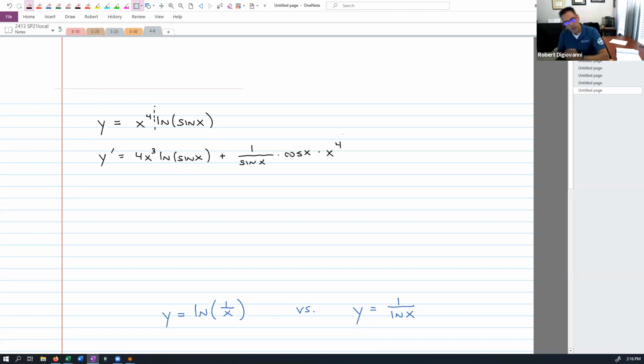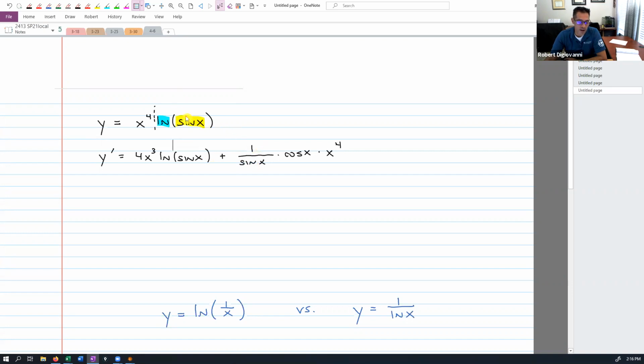Perfect. Okay, so let's see what happened here. Product rule, take the derivative of the first one here, 4x cubed times the second one. Plus, now Austin's looking at this natural log of sine x like a chain rule. There's the outside function natural log, inside function sine. Austin's saying, okay, the derivative of natural log of something is 1 over it. So he puts 1 over sine x.